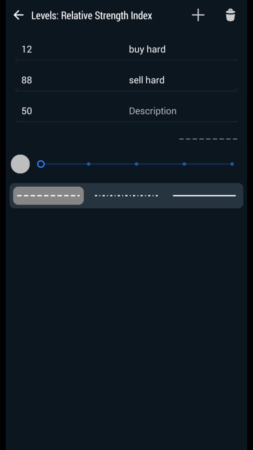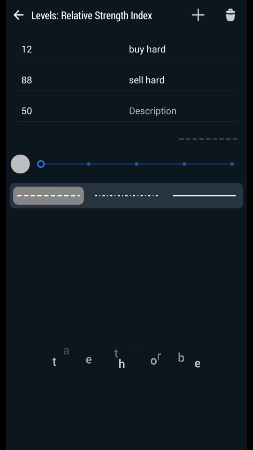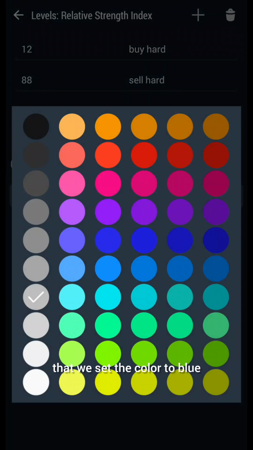We add 88, description sell hard. Then we add 50. This 50 is very important because it is the level we will be using to identify whether we are in a buy zone or in a sell zone in terms of catching spikes. After that, we set the color to blue.